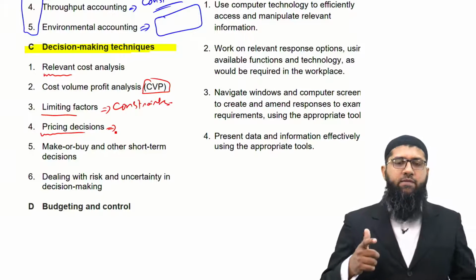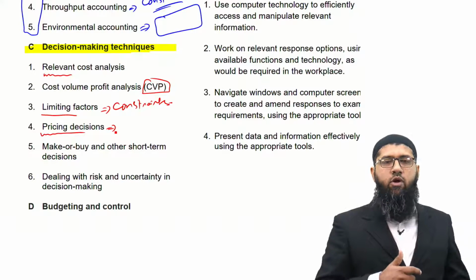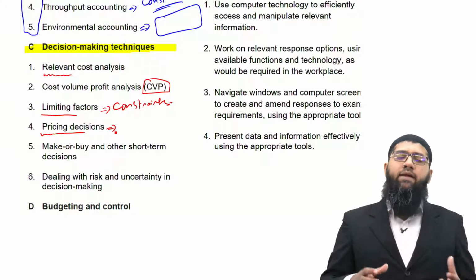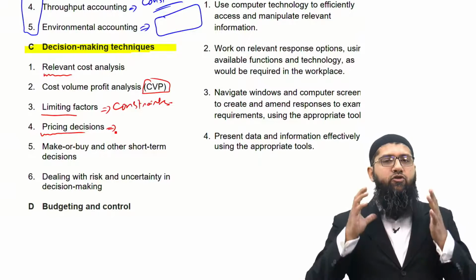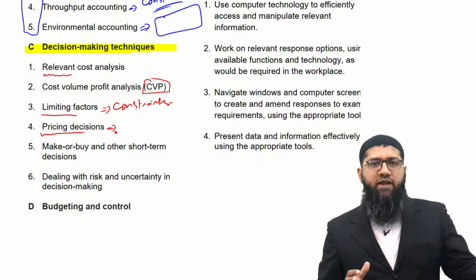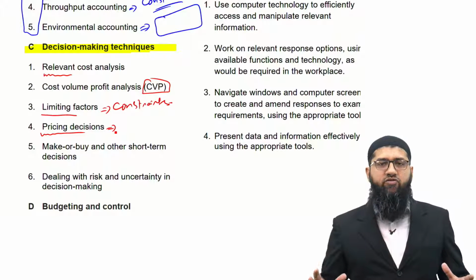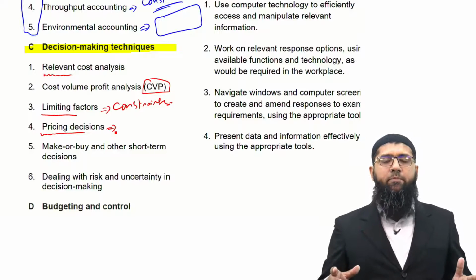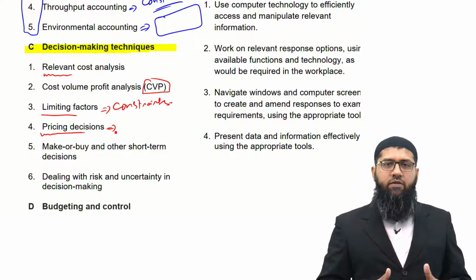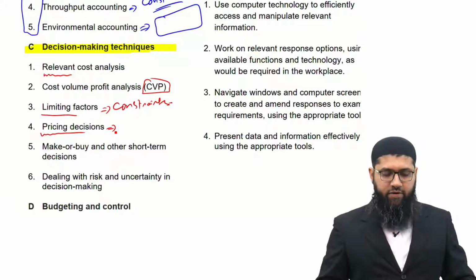That should keep in mind the cost that you are incurring, the competition that you are facing, the strategies that your competitors are adopting, and the expectations of your customers. So all of that needs to be kept in mind. Under this pricing decision, this is something that we're going to be discussing.